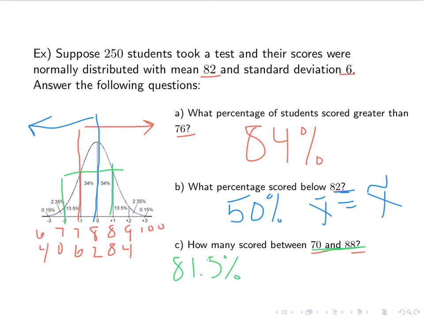So I'm going to take that percentage and go back to, I have 250 students. So what is 81.5% of 250? It's a basic percent problem. If I do it out, I get 203.75, but you cannot have a decimal of a person.